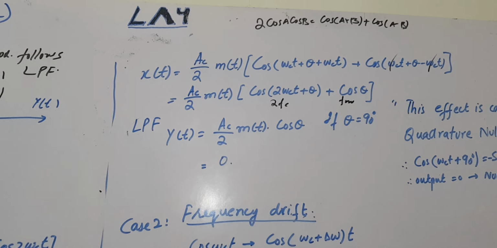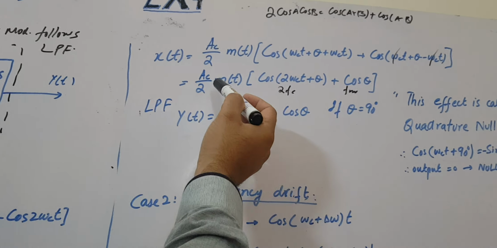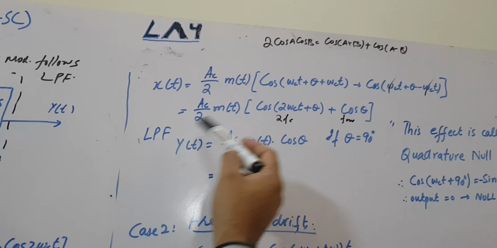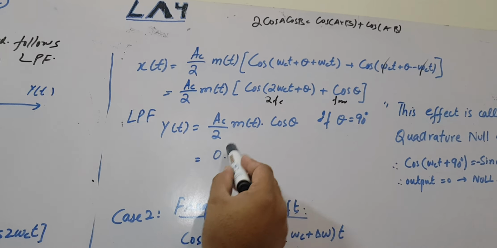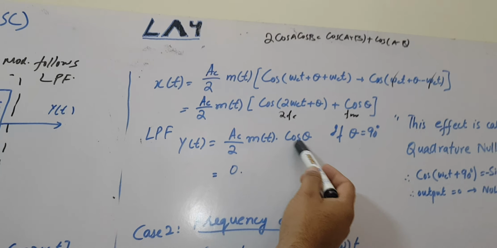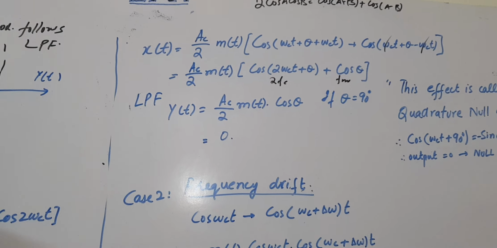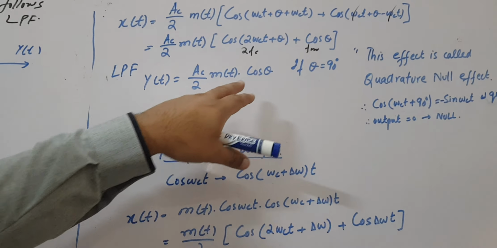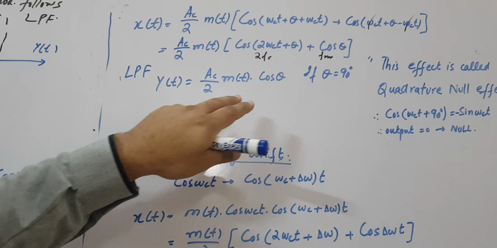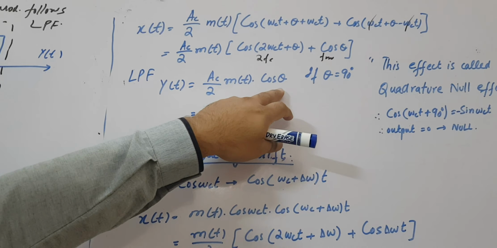The low pass filter will block the high frequency term, and you get the message at the output, Ac/2 m(t) cos θ. If θ is 0, it is fine, but as we said, it is a drift.